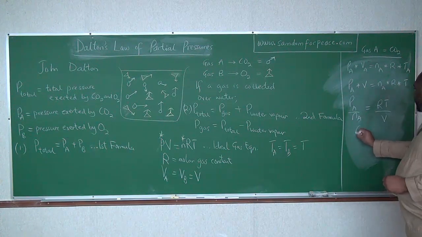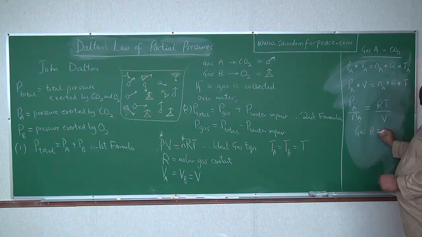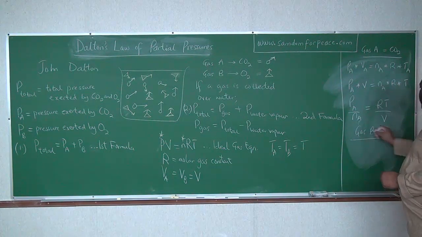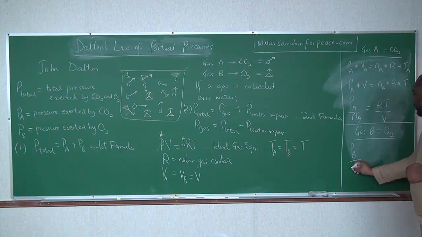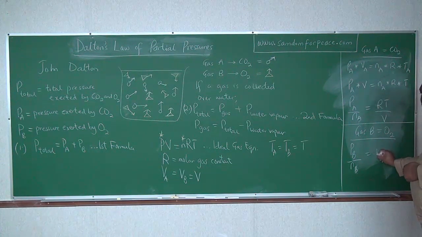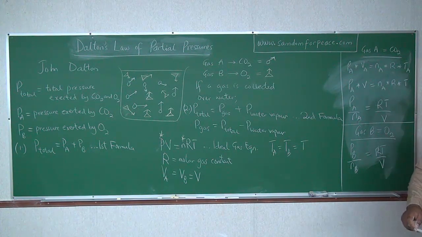Similarly, for gas B, which is your oxygen, the ratio of the partial pressure exerted by oxygen to the number of moles of oxygen will give us RT over V. Similarly, this gives us RT over V. Okay, we are coming to somewhere.